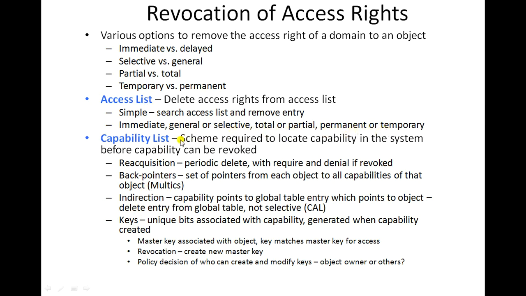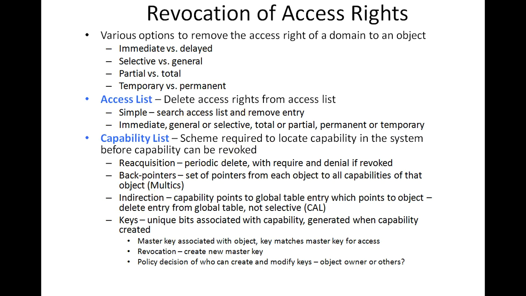In case of capability list, we need to locate a capability in the system before the capability can be revoked. Before we can remove any capability, we need to locate the capability in the system. There are many schemes available here. The first one, reacquisition.